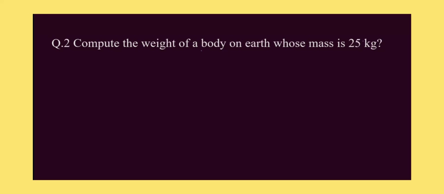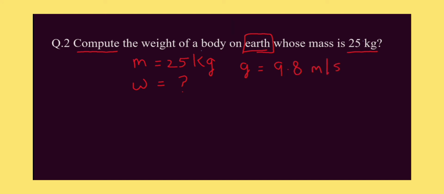The next question says that you have to compute the weight of a body on earth whose mass is 25 kgs. Here we have been given mass is equal to 25 kg and we are being asked about weight. They have given us the name of a planet, Earth, and we know that g is considered as 9.8 as a constant on Earth.